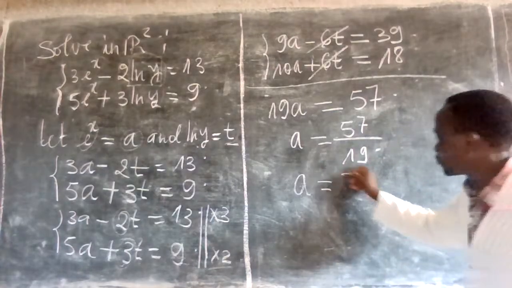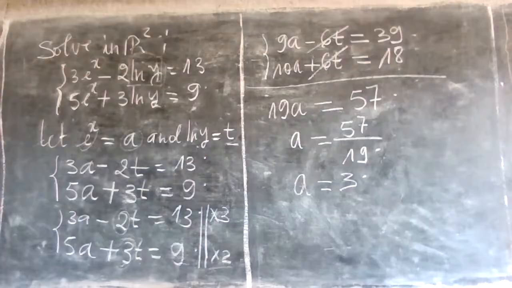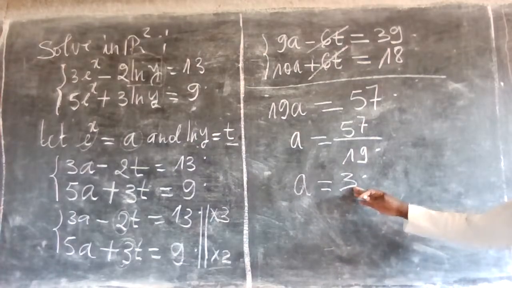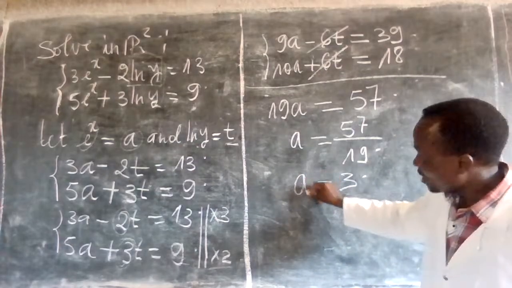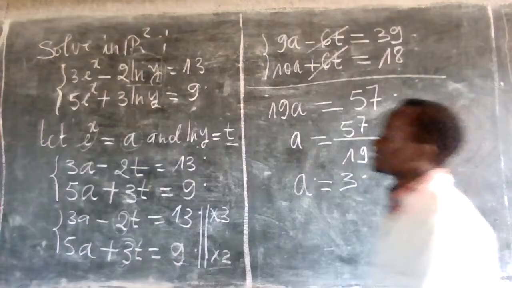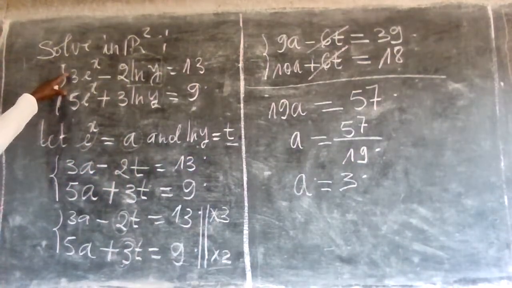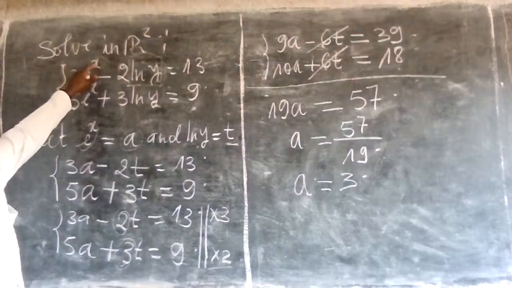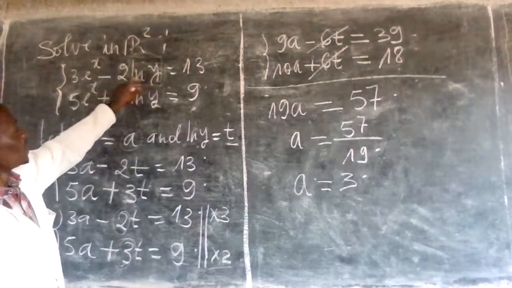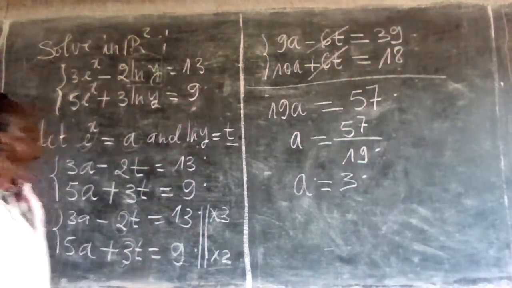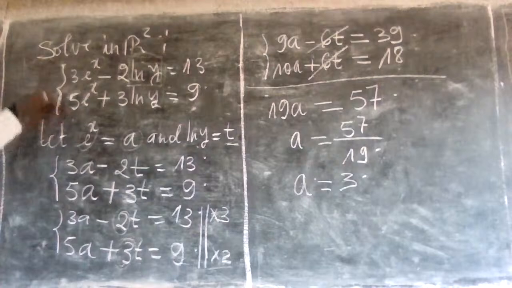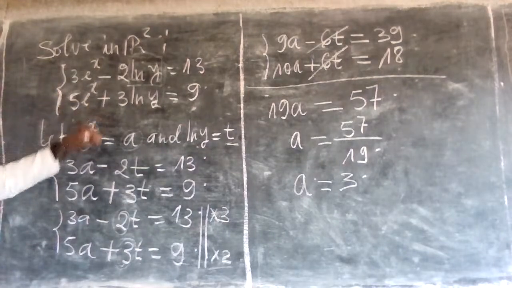It is equal to 3. Now, remember, it is not what we have asked. Remember that we have asked to solve this kind of e power x minus 2ln of y equal to 13 with this equation which are simultaneous.